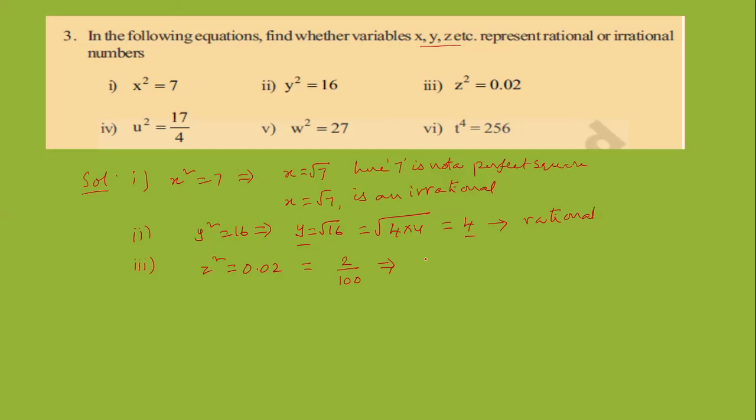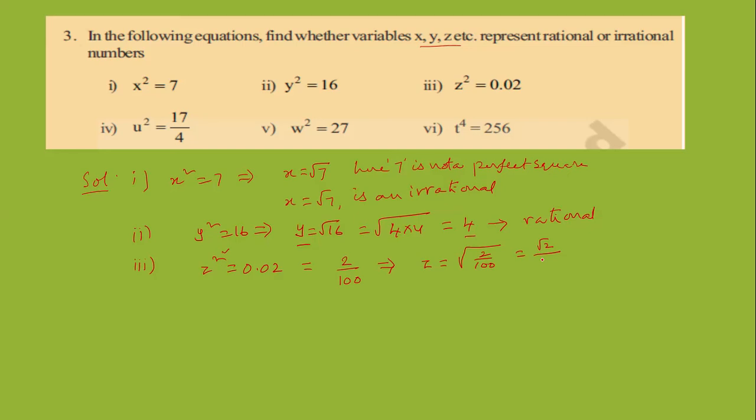Now, third one, z square is equal to 0.02. For our convenience, you may write the decimal form in p by q form, that is 2 by 100. That implies you may rewrite the z value: when you transfer the square symbol from left to right, z is equal to square root of 2 by 100.